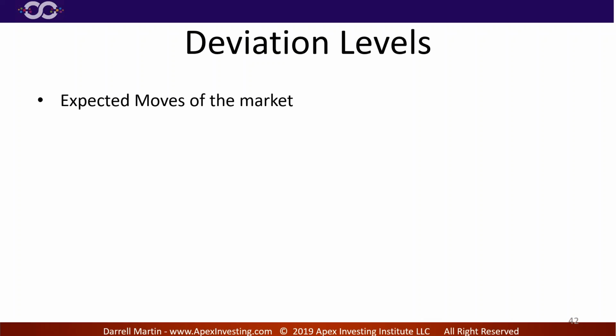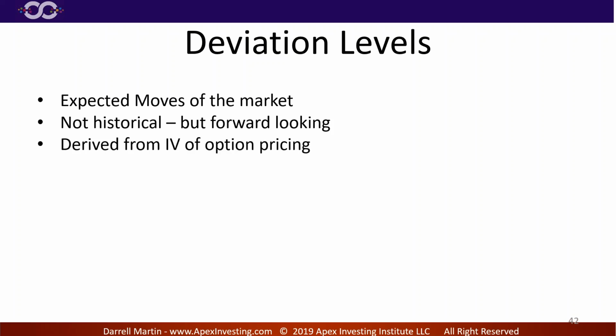It's not based on how far the market has moved, but it's forward looking. It's derived from implied volatility of option pricing. Okay? So derived from implied volatility, or IV, which is a fancy word for expected movement.